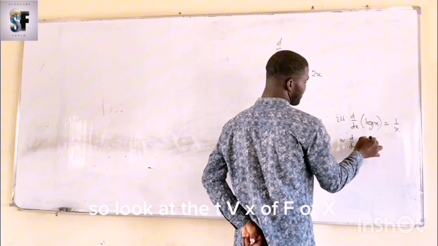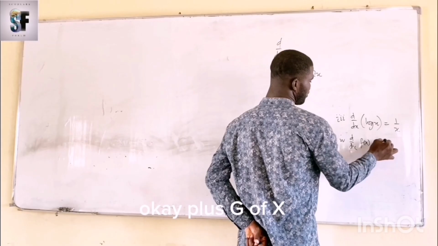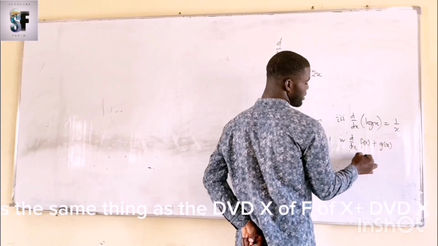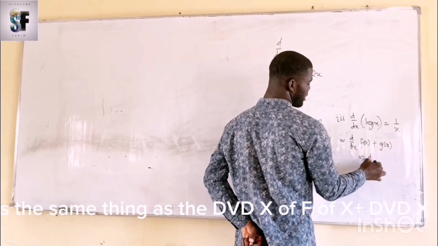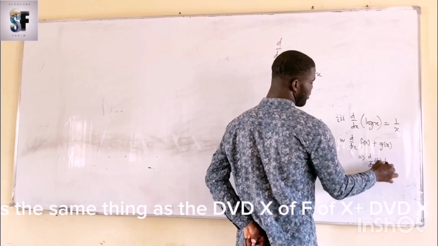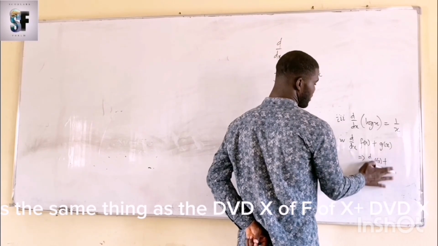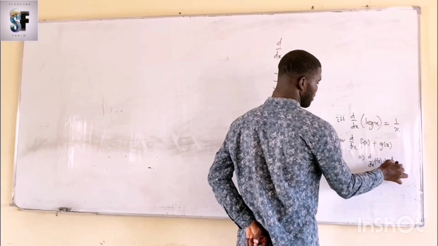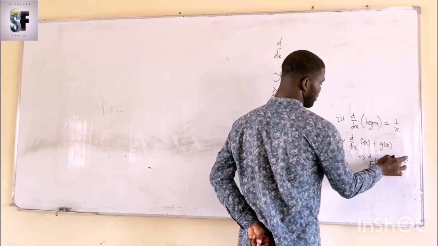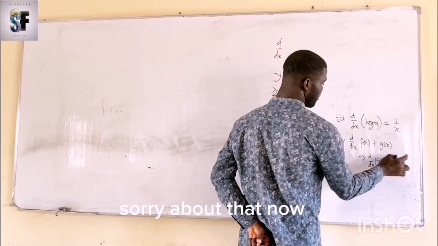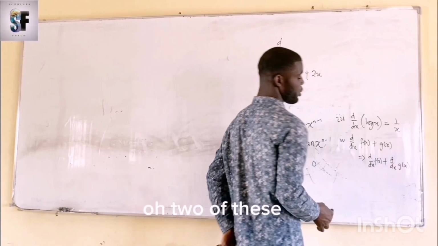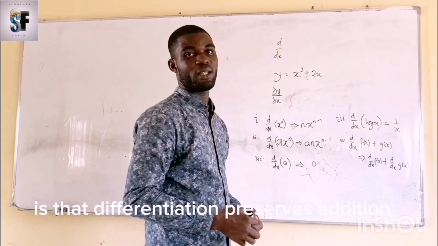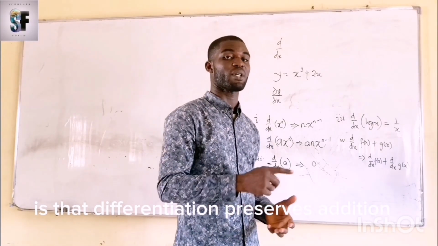Okay? So look at the d/dx of f of x plus g of x, which is the same thing as d/dx of f of x plus d/dx of g of x. What it means is that differentiation preserves addition.